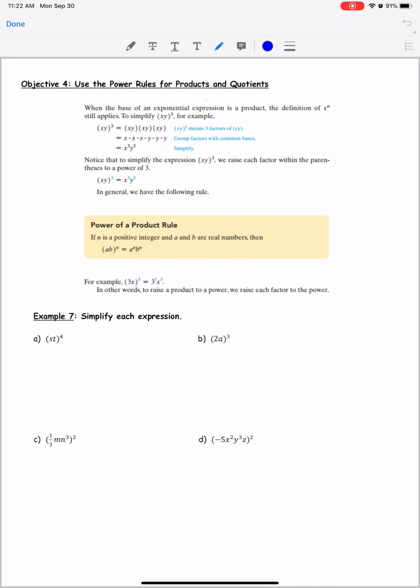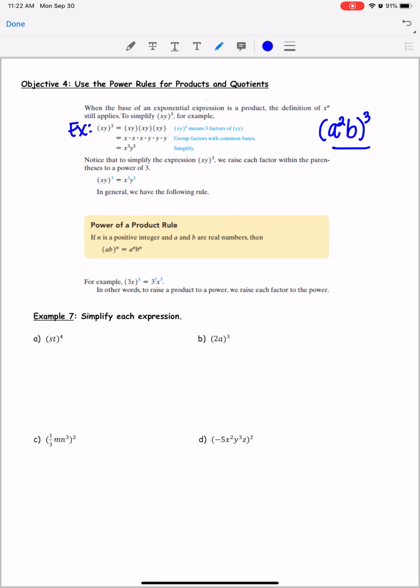Okay, our next rule. So they give you another example right here, but let's do our own example. So if I have something like a squared b all cubed.